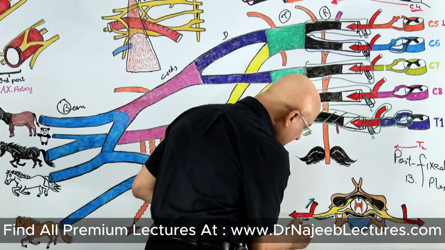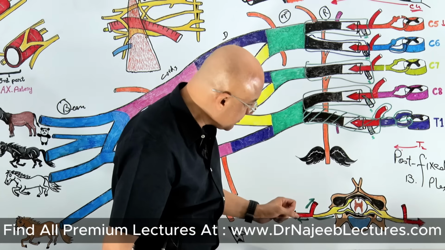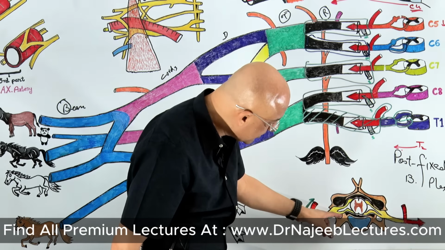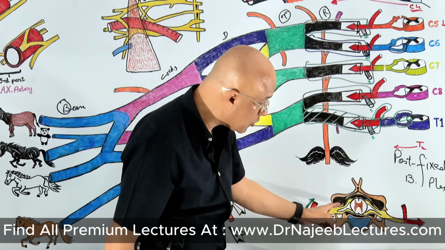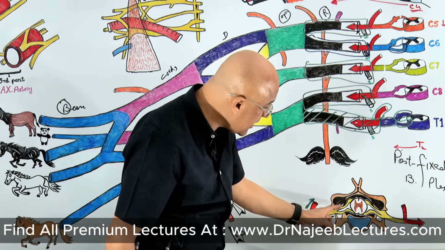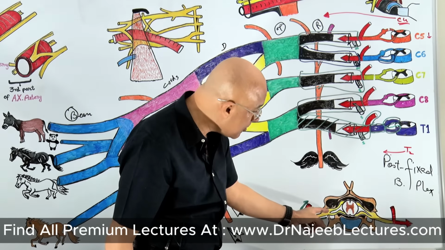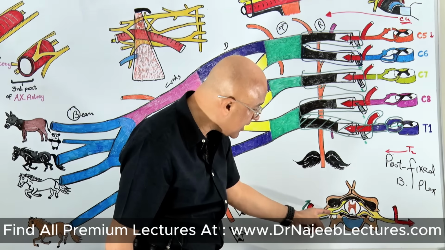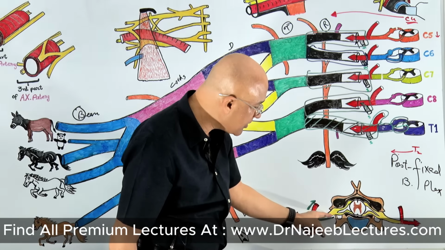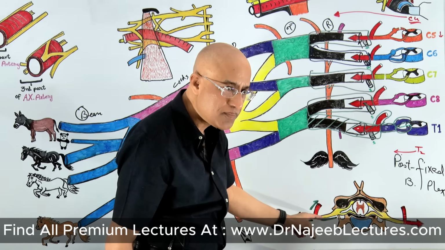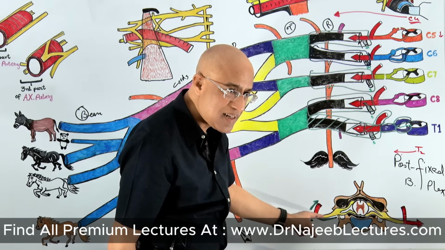Now, why did I bring you to this diagram? To emphasize the anatomical relationship. Basically, these spinal cord roots meet each other near the intervertebral foramina, and from the intervertebral foramina, the mixed or proper spinal nerve is coming out, right?